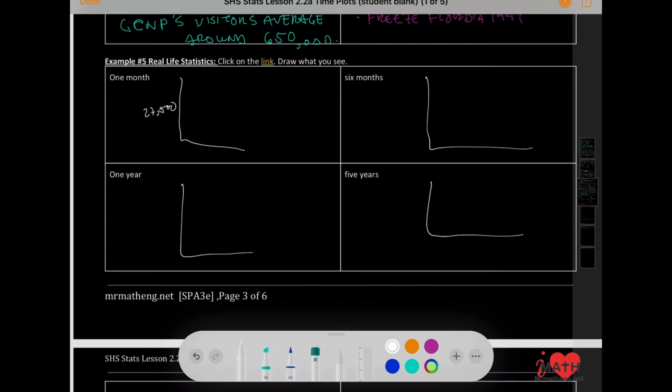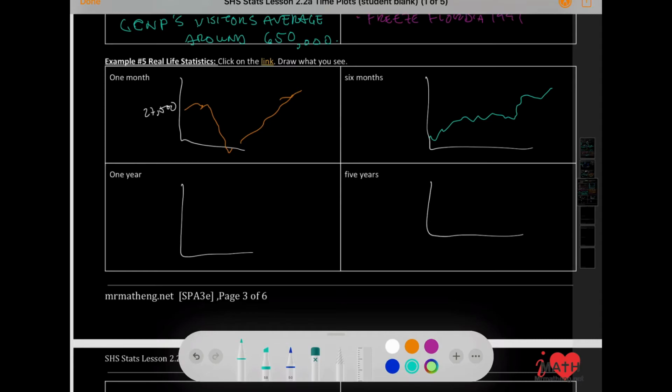The graph kind of starts, right? And then it does something like that. And then if I click on the 6 month, I see more of a positive trend, right?